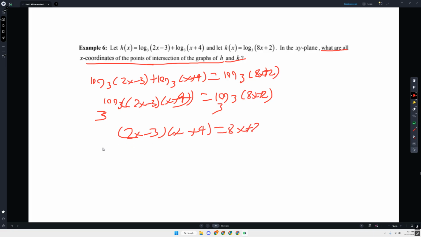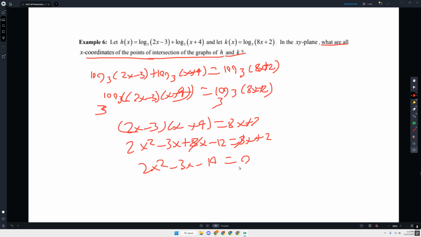We're going to simplify this, which would make 2x squared minus 3x plus 8x minus 12 equals 8x plus 2. We can cancel 8x from both sides, subtract 2. 2x squared minus 3x minus 14 is equal to 0.